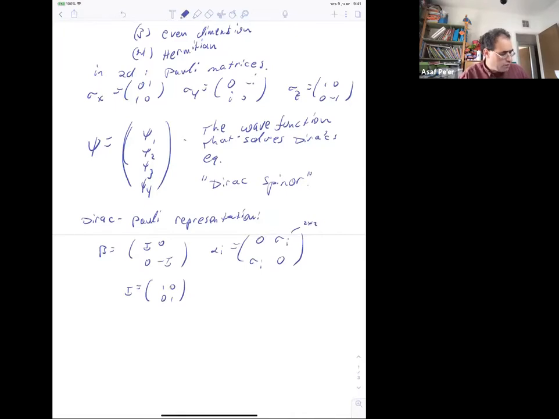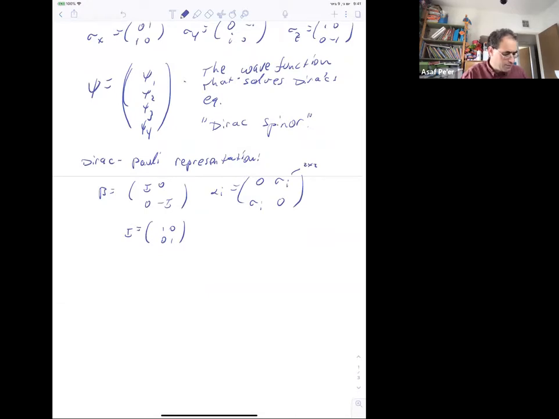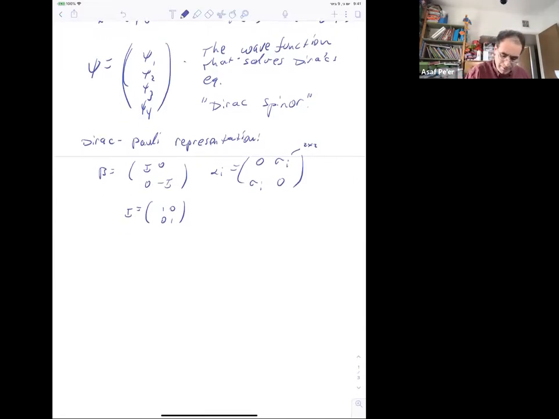Now we further showed that Dirac solves the problem of negative probabilities. We showed that the probability density rho is psi dagger psi, and the probability current density J is psi dagger alpha psi.